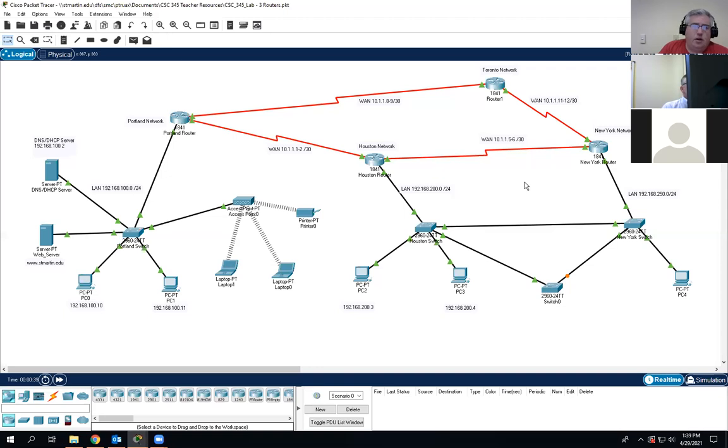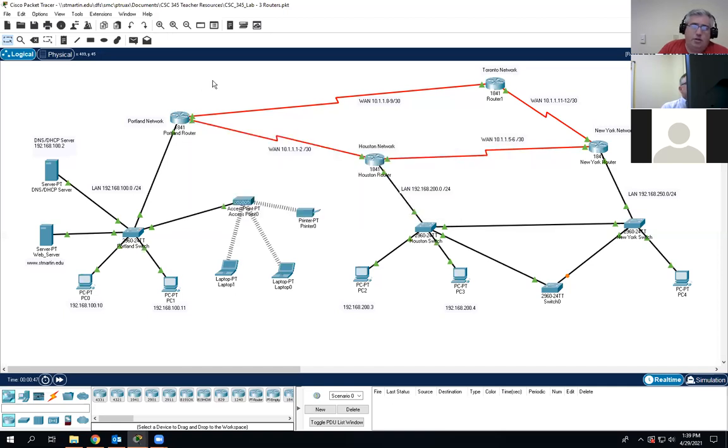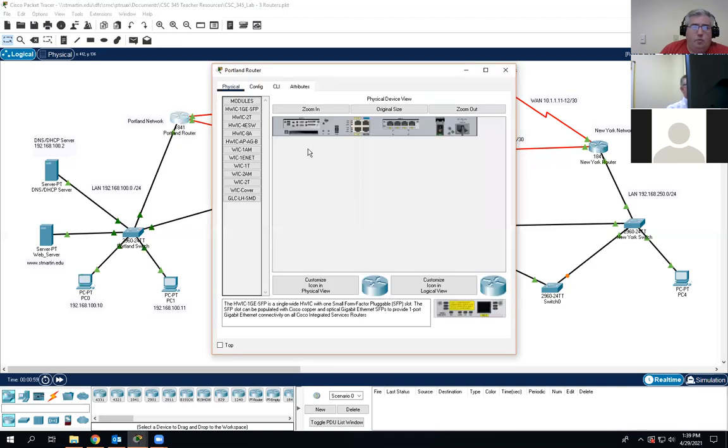Whereas EIGRP or OSPF don't have that limitation. And then BGP is the protocol of the internet, and it can handle millions of routers. Which one can handle that many? BGP, Border Gateway Protocol.